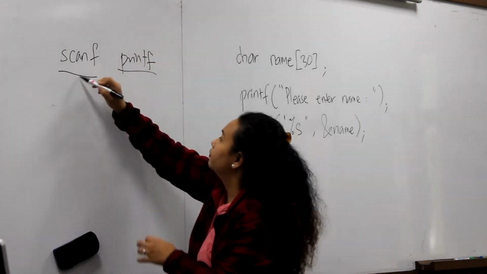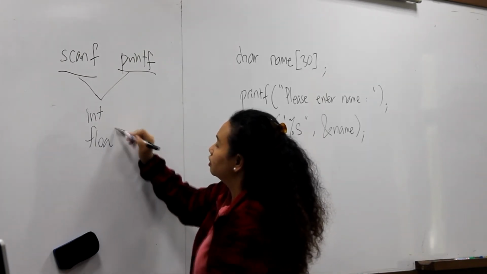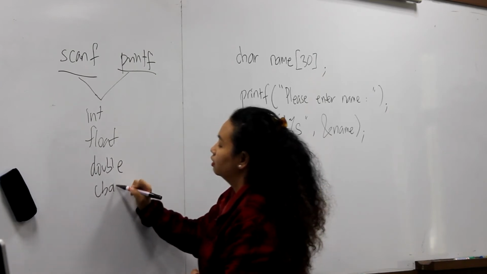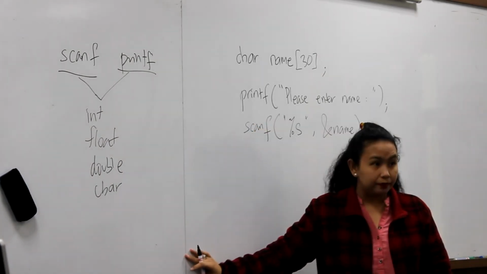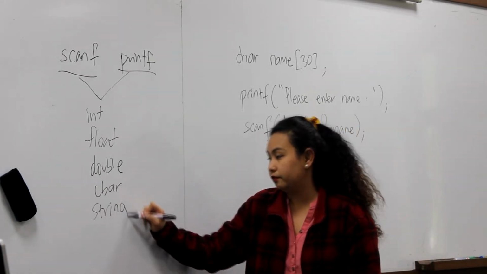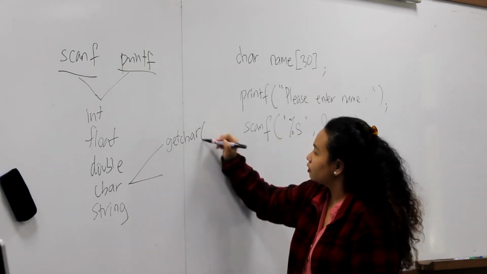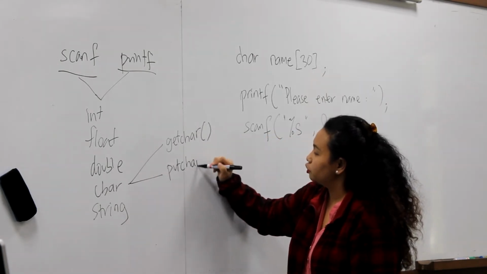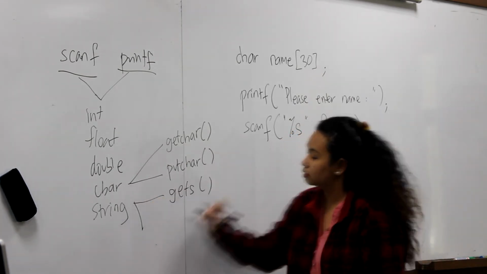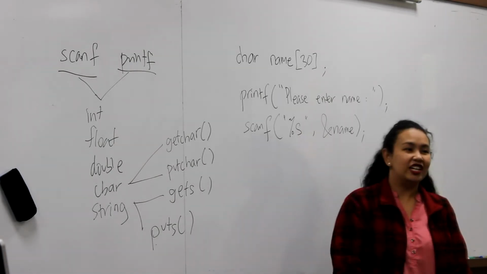So you have integer, float, double, and character. And then for string, you will have gets and puts. It's actually easier than getchar and putchar.